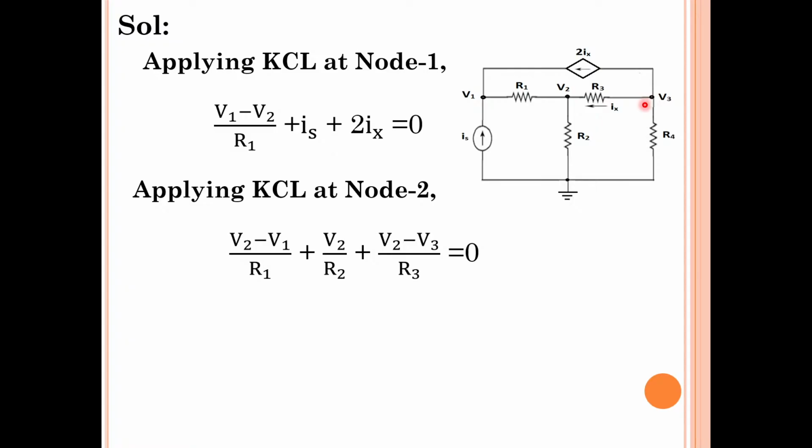At node 3, let us see. I hope you have written these equations. No need to draw this circuit; you can simply mention the arrow marks. That's it. So let us apply Kirchhoff's current law at node 3. I'm just giving some time so that you can copy it down.